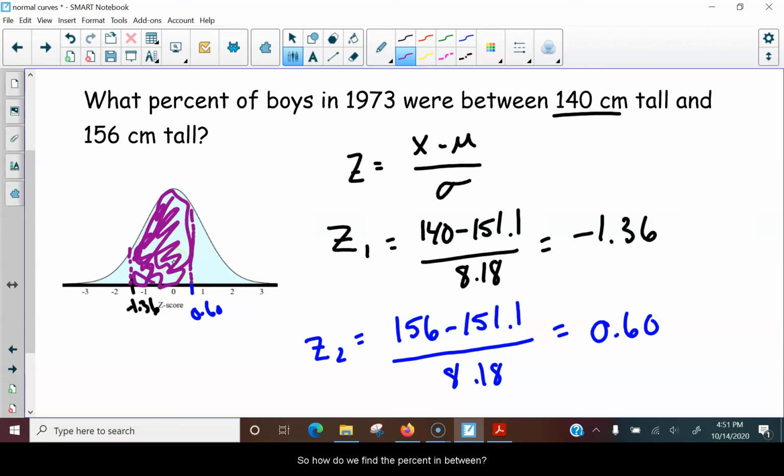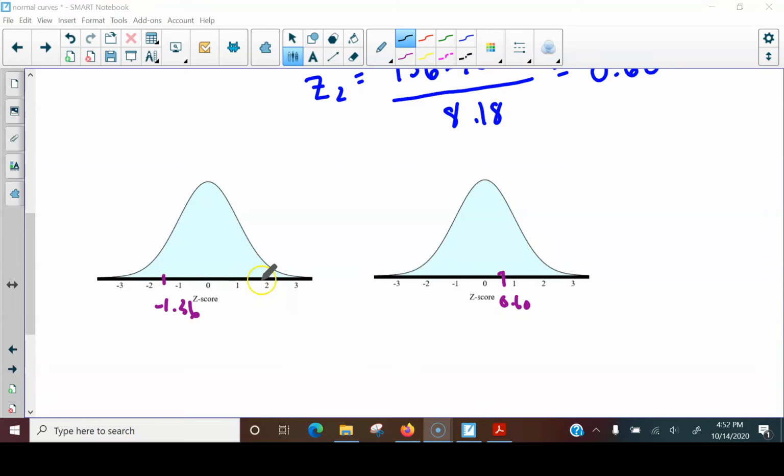So how do we find the percent in between? Here I have two standard normal distributions with our two z-scores labeled, negative 1.36 and 0.60. If I were to look 0.60 up in the standard normal table, it would give me all of the area from this point to the left, so all of this.